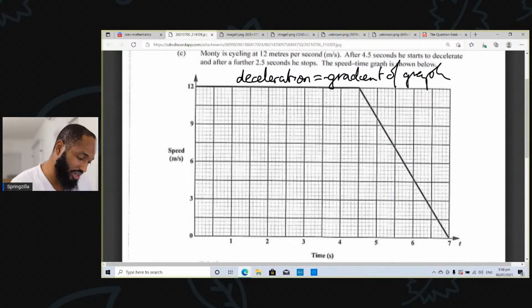So you work out the gradient. I would use these 2 points, because this point here is 4.5, 12, and this point here is 7, 0.